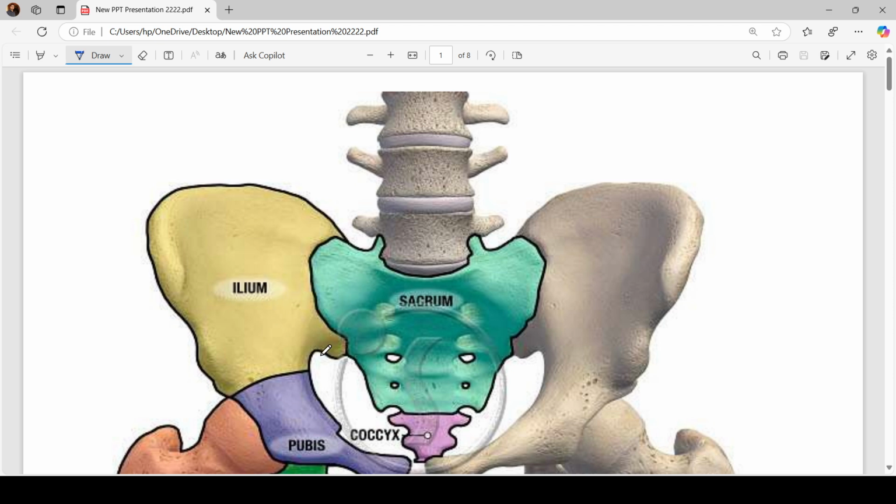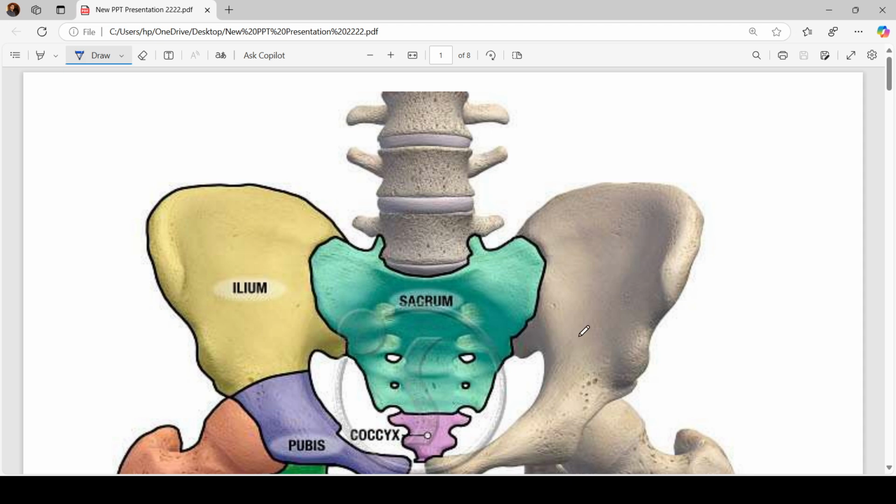They connect the abdomen and legs, form the pelvic cavity and protect the reproductive organs.